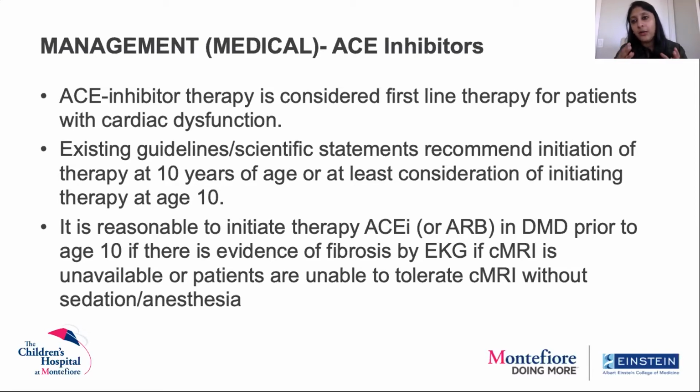Studies have shown that if we start the ACE inhibitors prophylactically, we help the heart muscle push against a slightly lower blood pressure. It preserves your heart muscle and helps delay the onset of the cardiomyopathy by a few years.